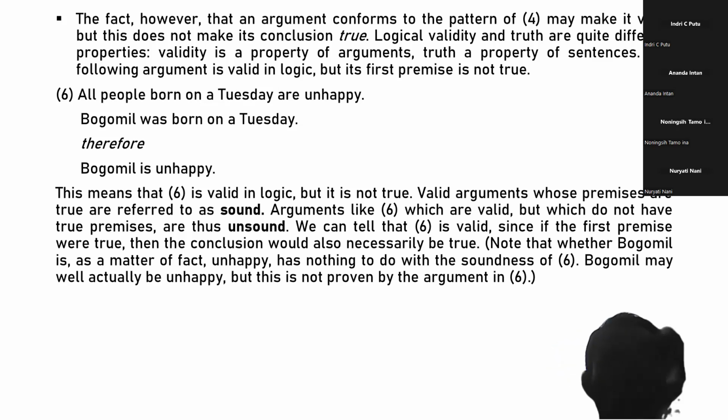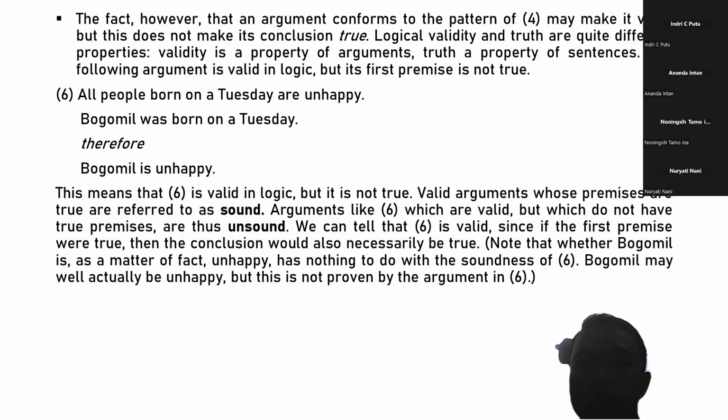When you want to check the validity, you must refer to the argument itself. When you want to check the truth, you must put your consideration on the sentence. There are two differentiations in determining validity and truth.